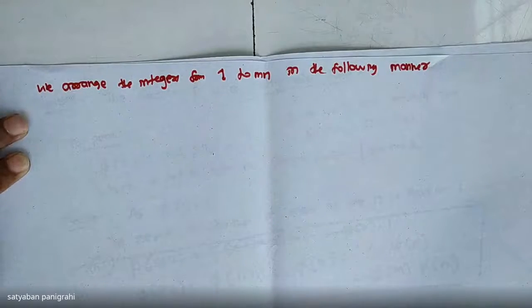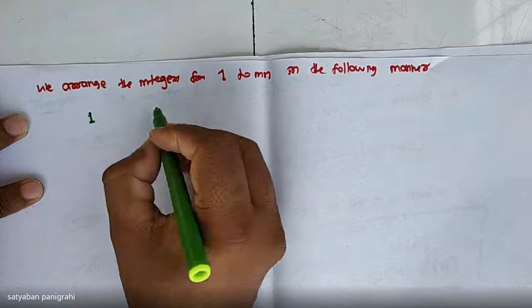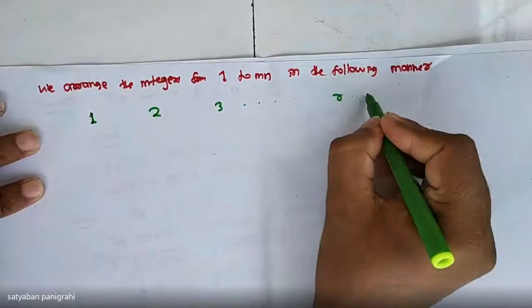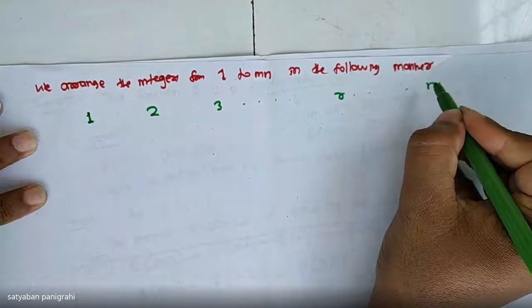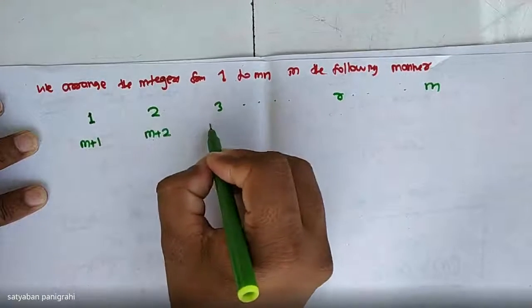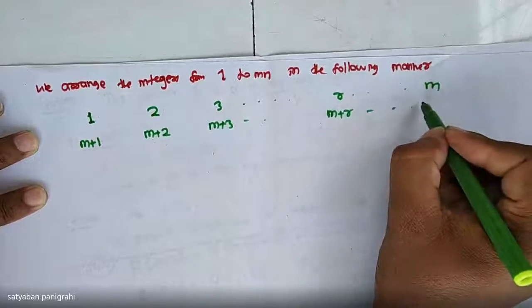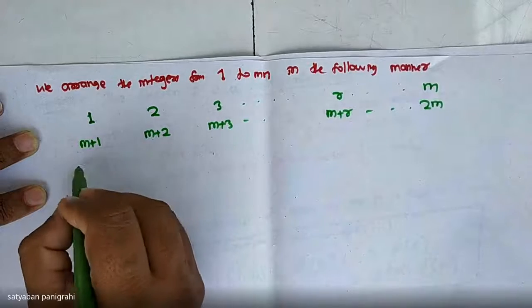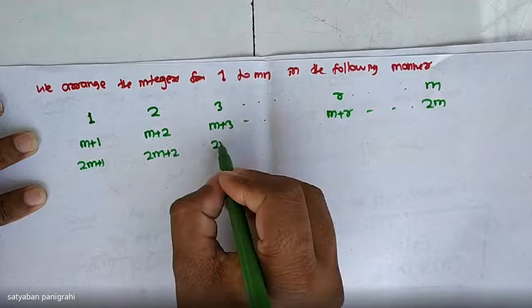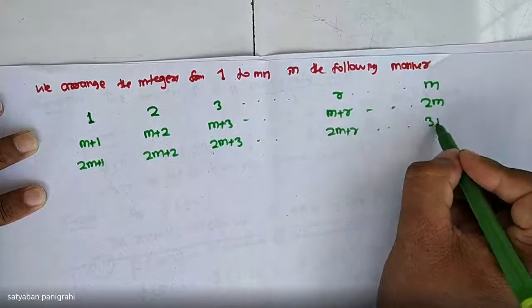How we are arranging? Look here: 1, 2, 3, up to r, up to m. Next row is m plus 1, m plus 2, m plus 3, up to m plus r, up to 2m. Next, similarly, 2m plus 1, 2m plus 2, 2m plus 3, up to 2m plus r, up to 3m.